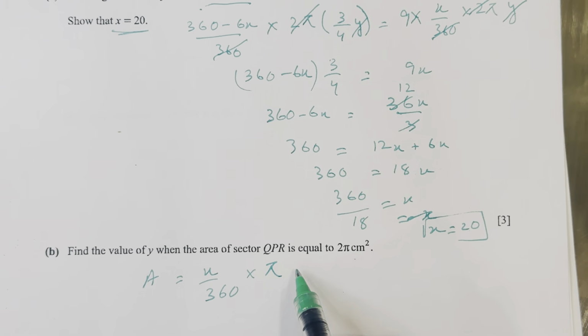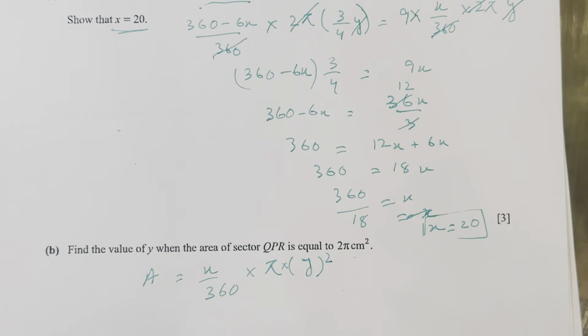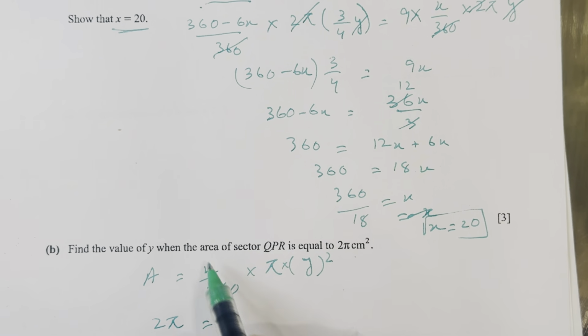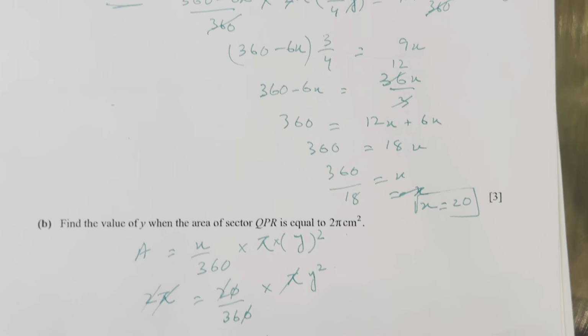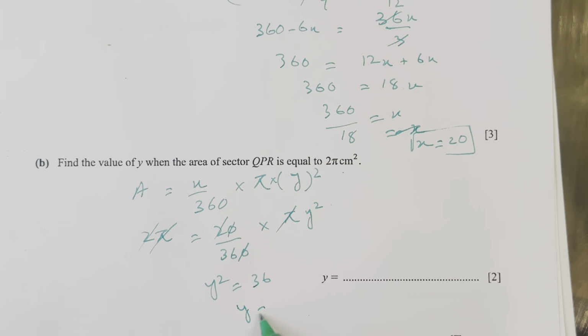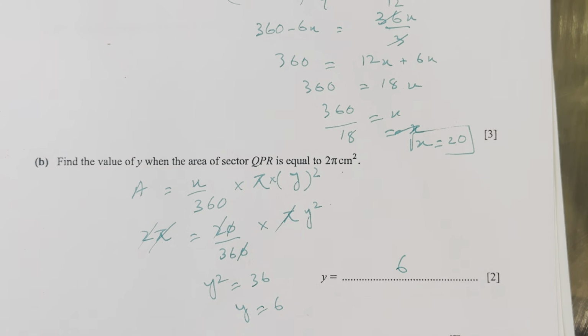The value of r is y, and it is equal to 2 pi. So the value of x was 20. 20 over 360, the 0 is going to cancel with 0, multiply by pi y square. Cancel pi with pi, and 2 by 2. Then y square is equal to 36. Taking the square root of 36, the answer would be 6. So the value of y is 6.